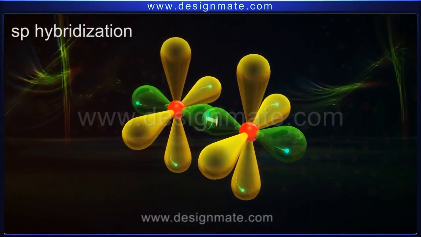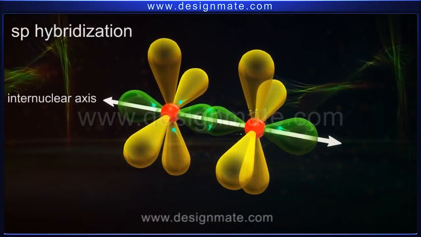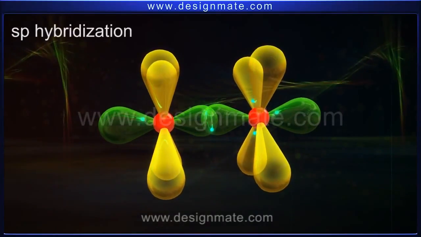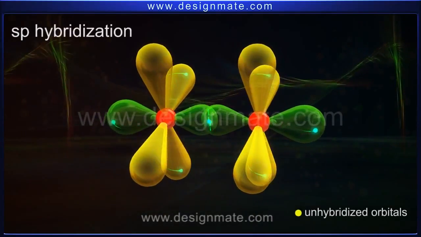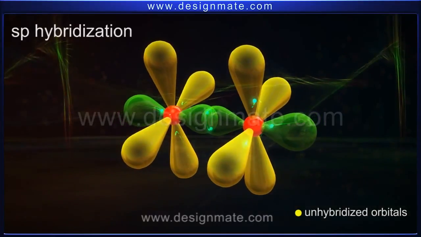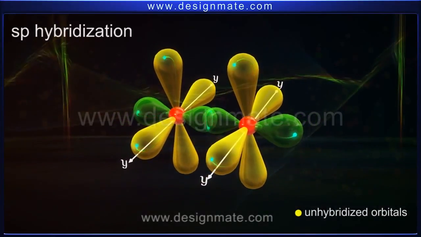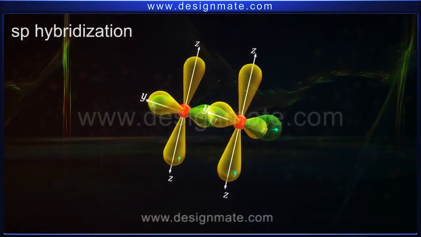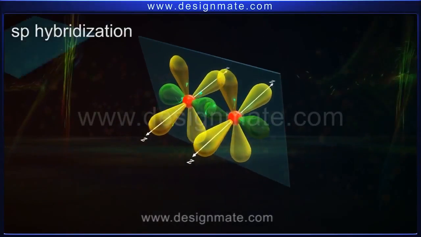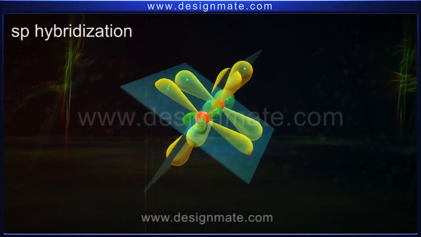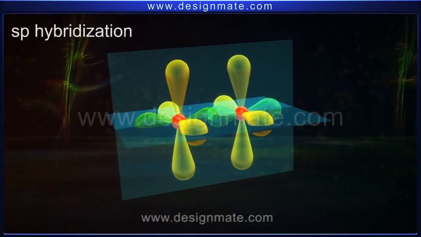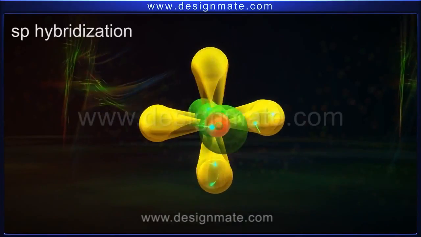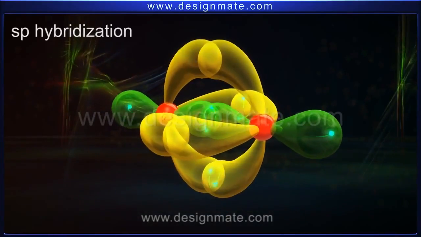These orbitals overlap along the internuclear axis, resulting in a sigma bond. Each of the carbon atoms also have 2 unhybridized p orbitals, namely the py and pz orbitals. These orbitals, which lie in 2 mutually perpendicular planes containing the sigma bond axis, also come very close to each other and overlap laterally, resulting in the formation of 2 pi bonds between the 2 carbon atoms.